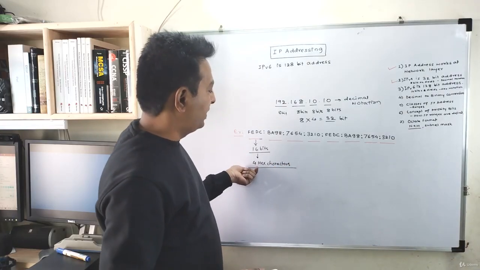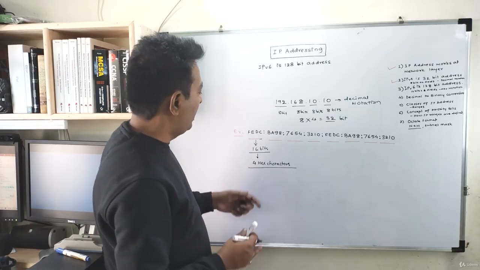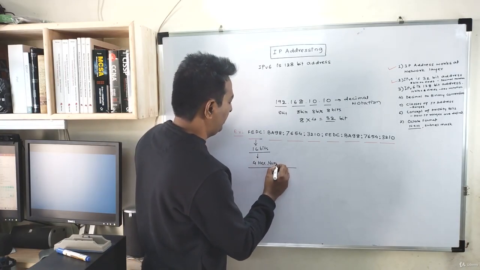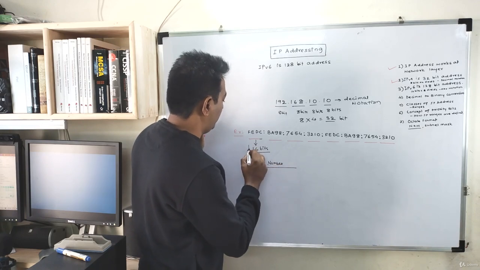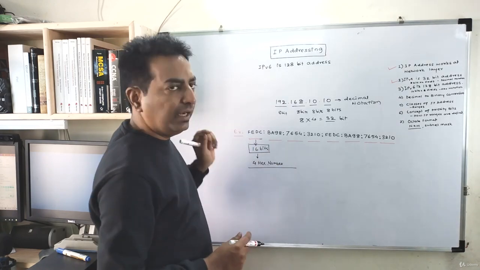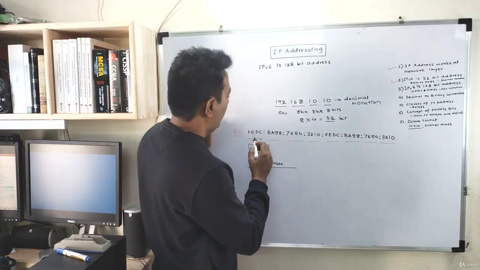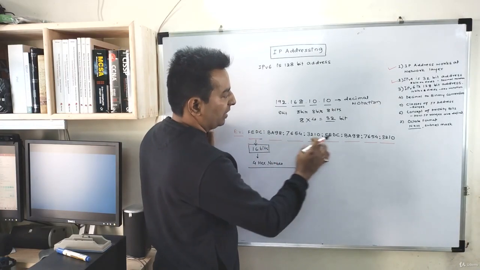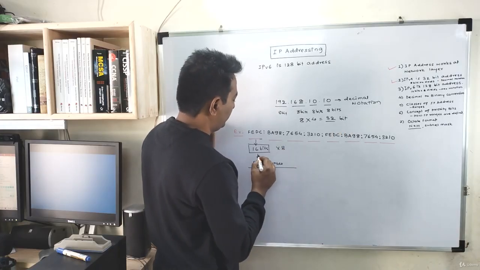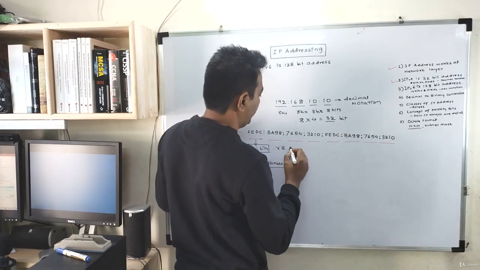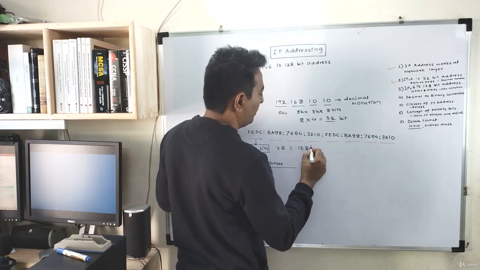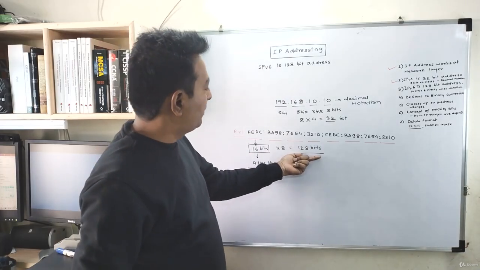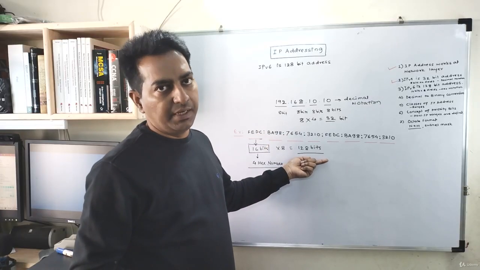So 4 hexadecimal numbers, but the size of that particular field is 16 bits. If you count the number of fields, the total is 8. So 16 bits into 8 fields comes out to be 128 bits. That's the reason why we call IPv6 a 128-bit address.